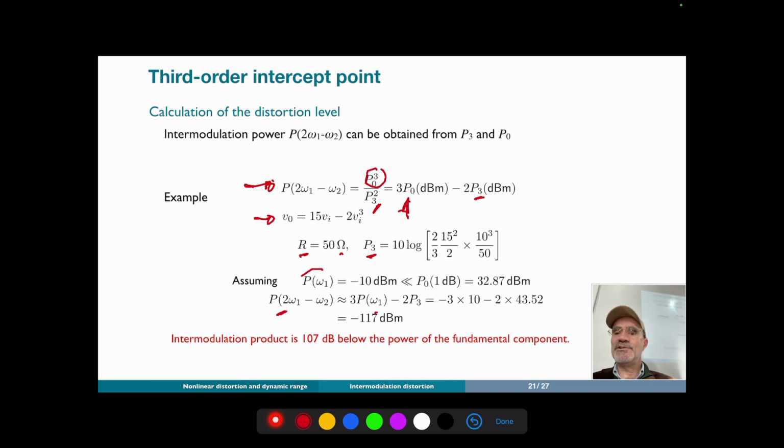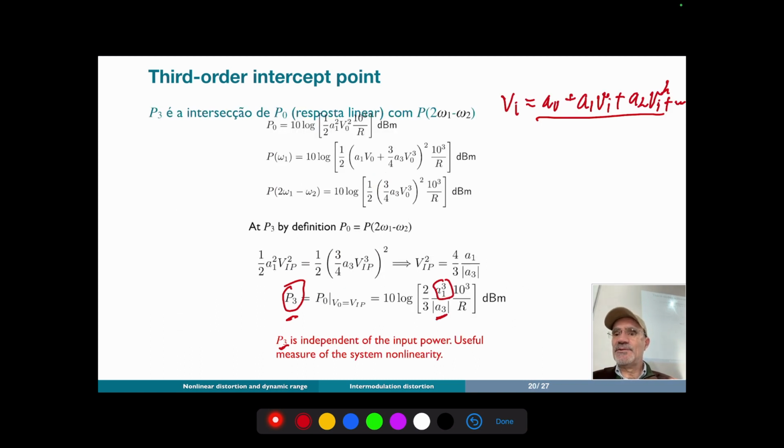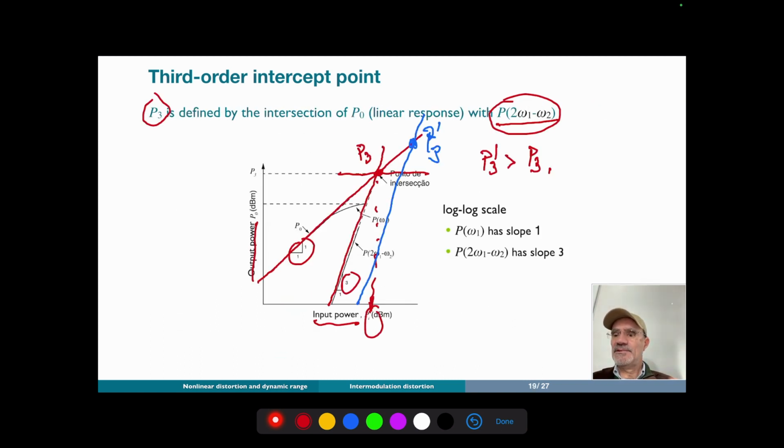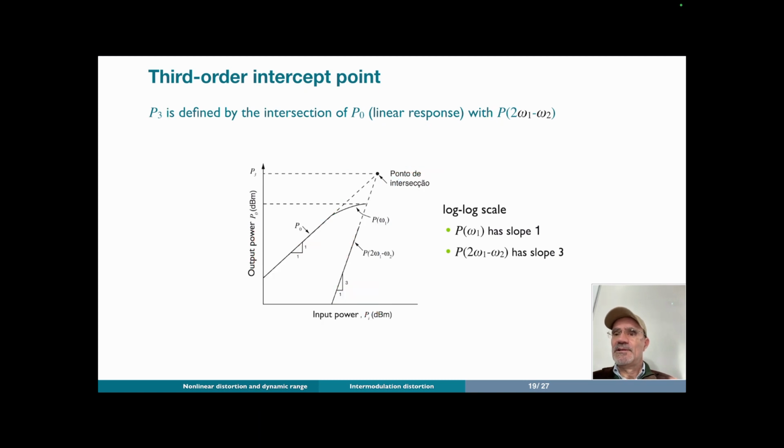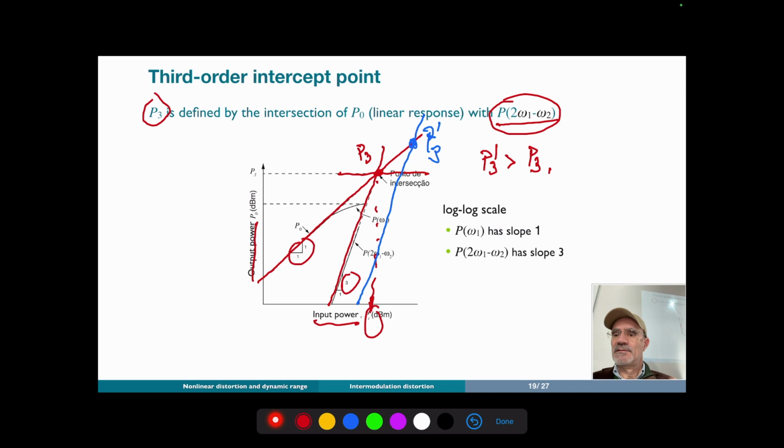And if we assume that the input power is, so in this case, what we are doing in this diagram, we are assuming that we are operating at a specific point. Let's assume we are operating somewhere here.